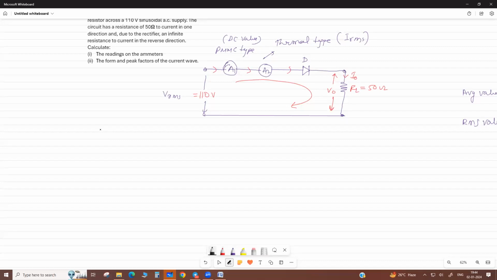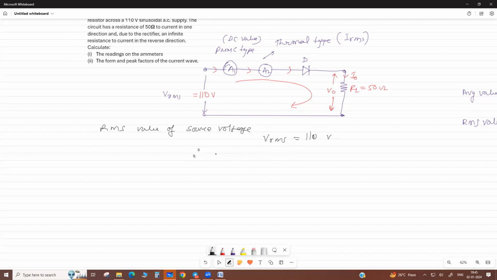पहले निकालते हैं हम RMS value of source supply voltage or source voltage. RMS value दिया है हमें, 110 volt.